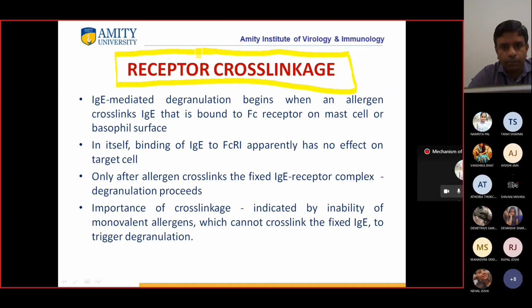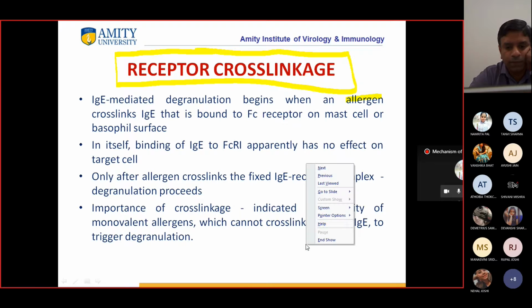Okay, so your receptors, the Fc epsilon R1, they should be cross-linked. And how will the cross-linkage happen? Through the allergen. Okay, so IgE mediated degranulation begins when an allergen, okay, the allergen has to do this role, cross-links IgE that is bound to Fc receptor. Okay, so now let me explain this.